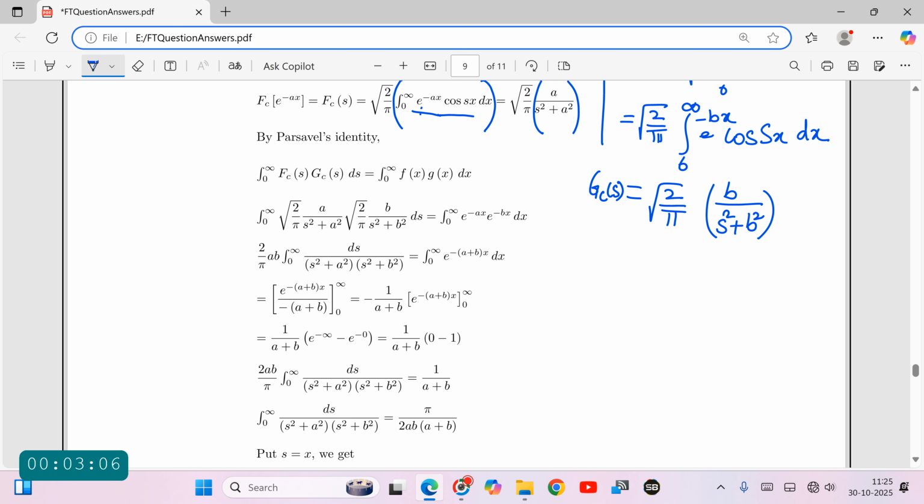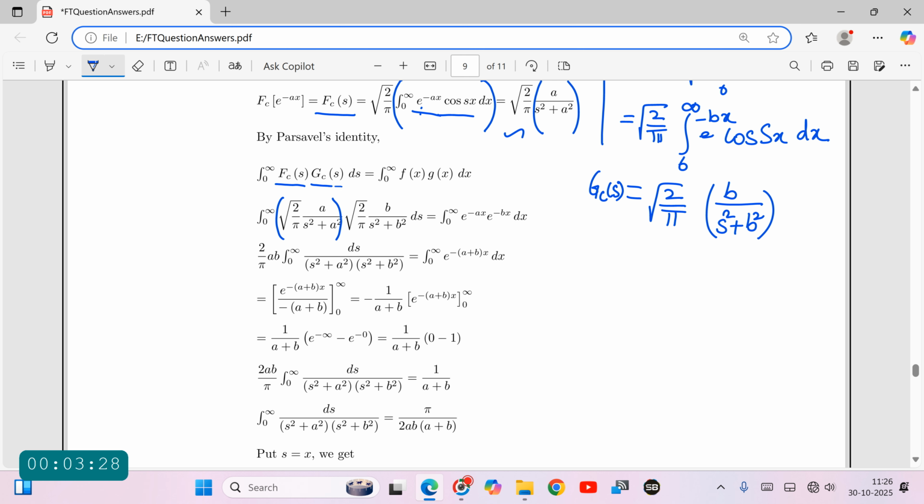Here we are substituting the values one by one. First, substitute the value for fc of s. What is the formula value for fc of s? We get the fc of s value is root 2 by pi a by s square plus a square, so we are substituting that here.